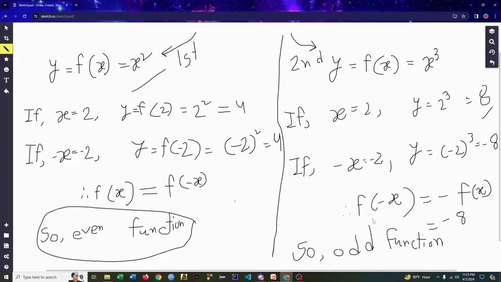So we can see that f(minus x) is equal to minus f(x). We find the result of f(x) is 8, so minus f(x) is minus 1 into 8, which is equal to minus 8, which is the result of f(minus x). So this is an odd function.